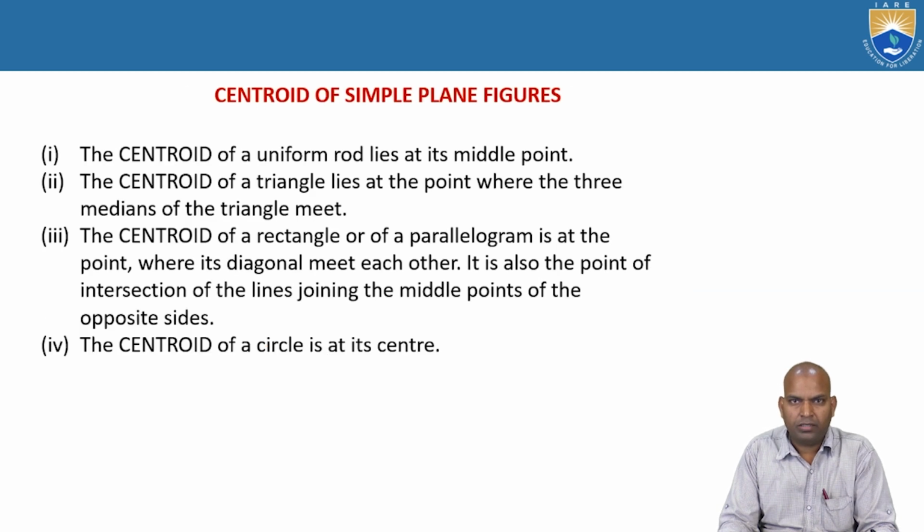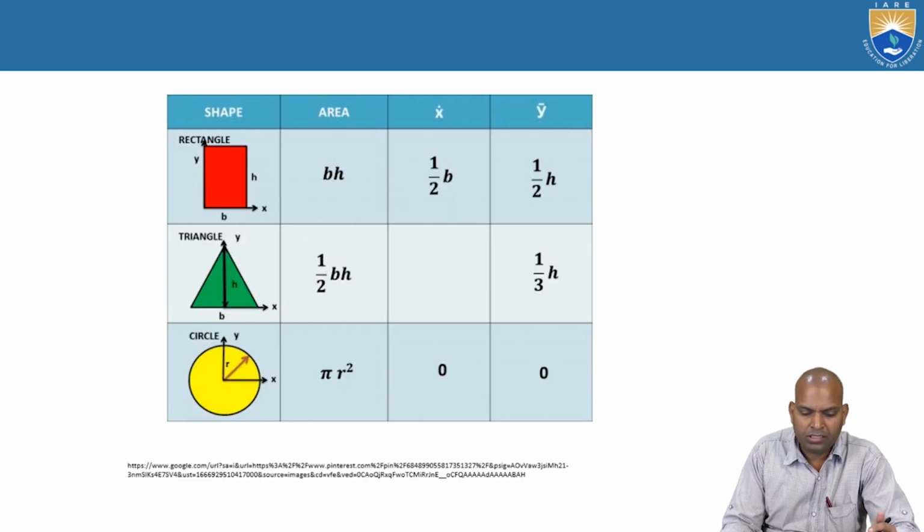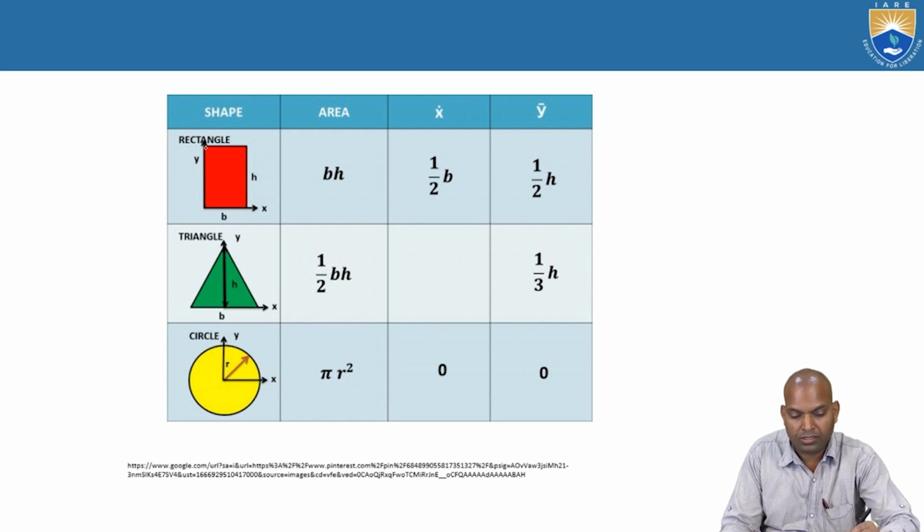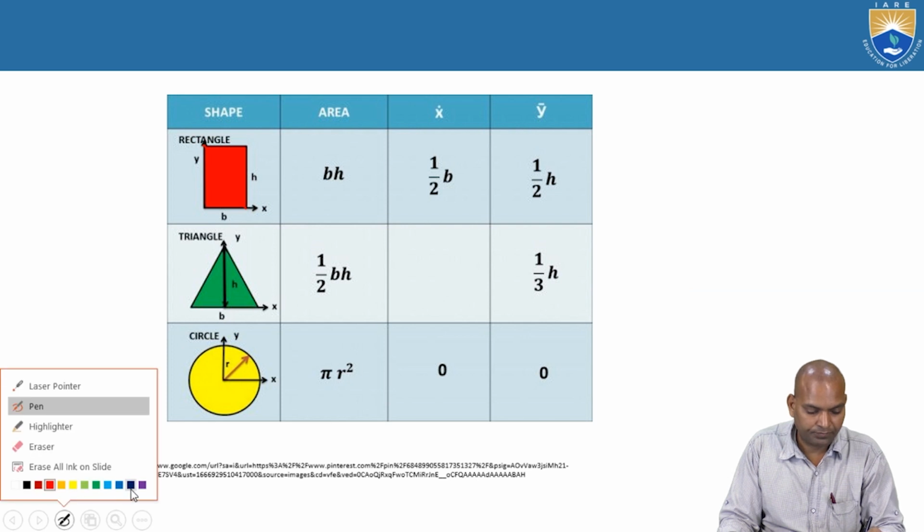In the slide we can see some figures like the rectangle, triangle, and circle. For the rectangle, the centroid is at the intersection of the two diagonals.